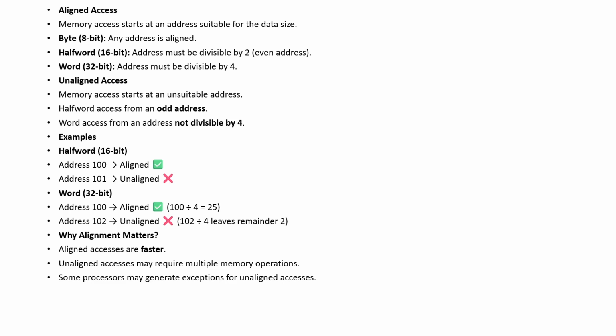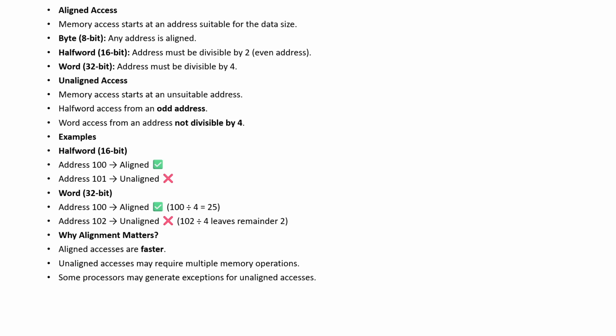Now if we talk about a word, which is 32 bits, 4 bytes, address 100 is aligned since 100 is divisible by 4. Address 102 is unaligned since 102 is not divisible by 4.